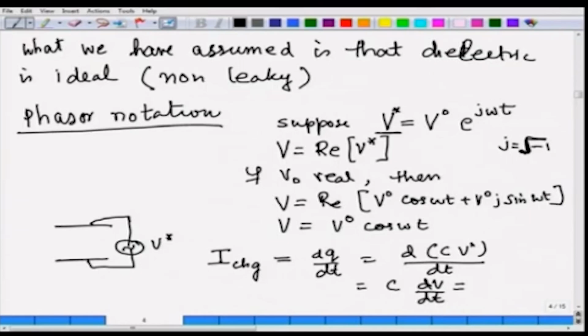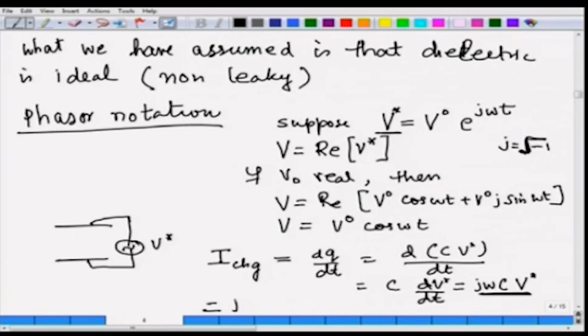In time it varies as omega t, so V changes by omega t. So what would I get? I would get j omega C, and since it is exponential, I will get back V. So the charging current would be equal to this quantity, which I can write as j omega C V naught e to power j omega t.